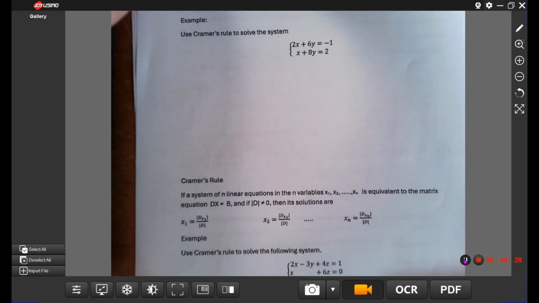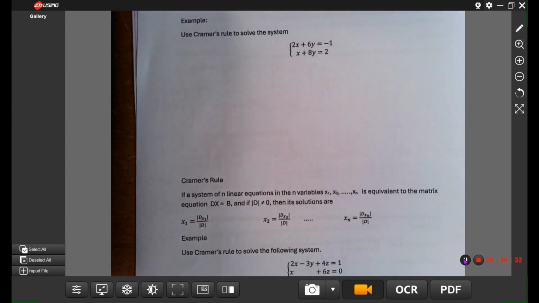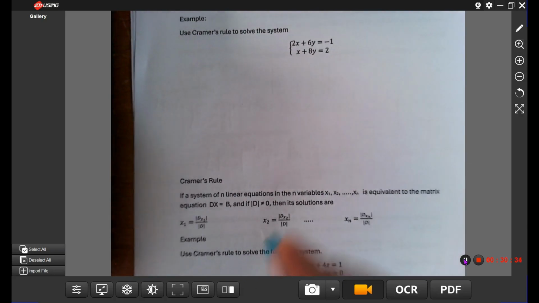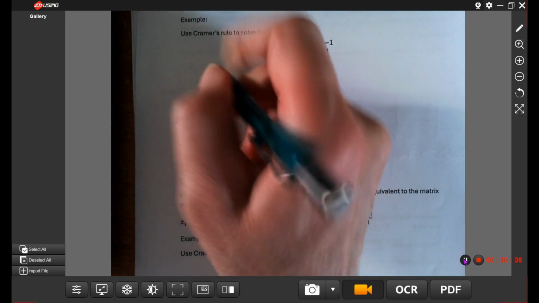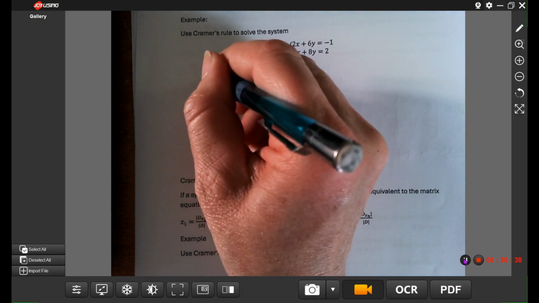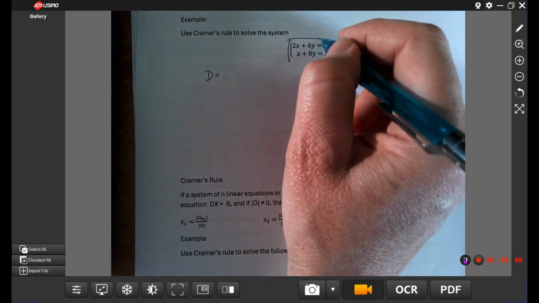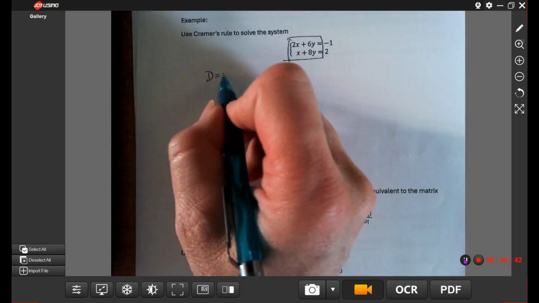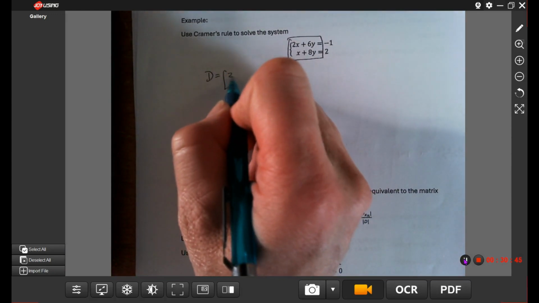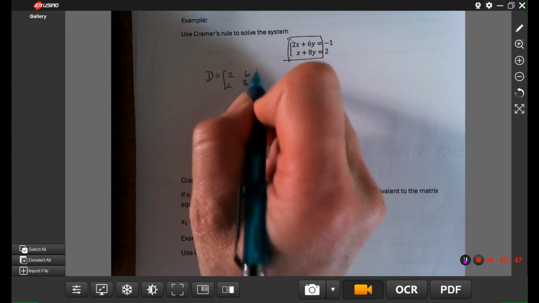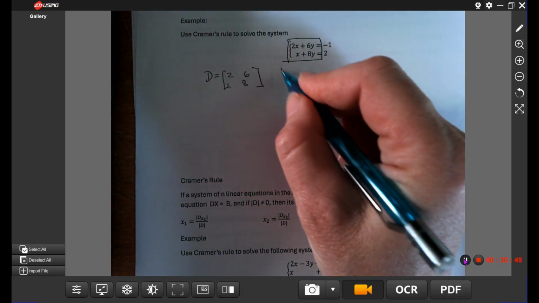All right, so here's a system. We're going to use Cramer's rule to solve the system. So let's first write the matrix that corresponds to the coefficients of the left-hand side. So that would be 2, 6, 1, 8, and I'm using the second notation.